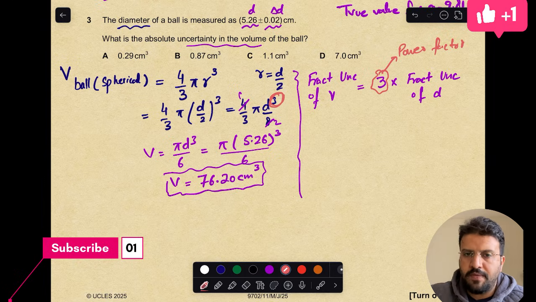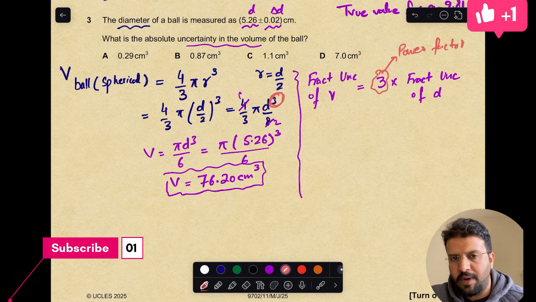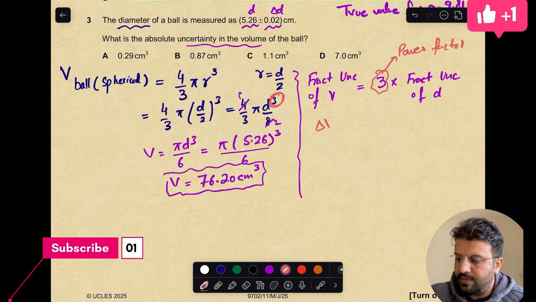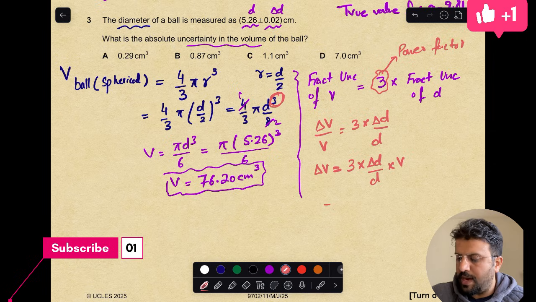Whatever the power is on that variable, that power will come here. So the fractional uncertainty of V, delta V over V, is 3 into delta D over D. We have to find delta V, so it will be 3 into delta D divided by D, and V will be multiplied on the right side.